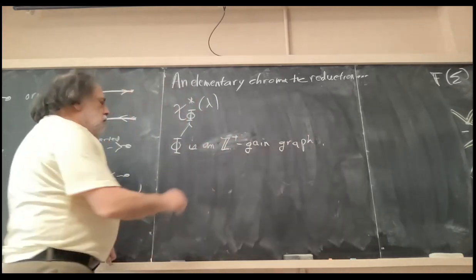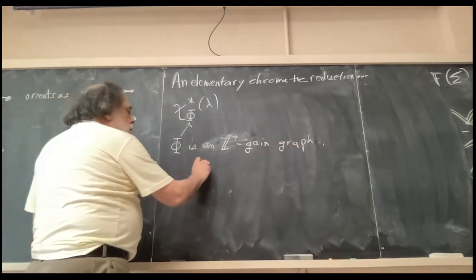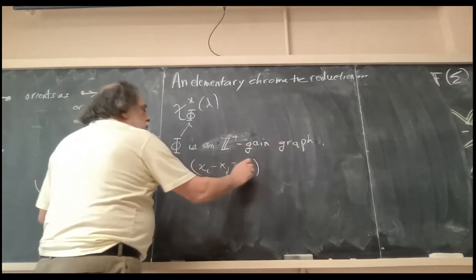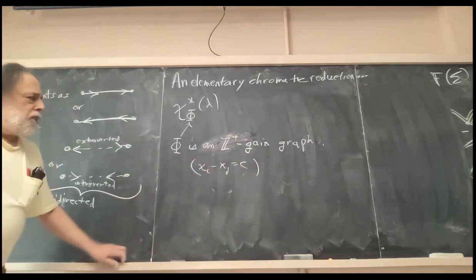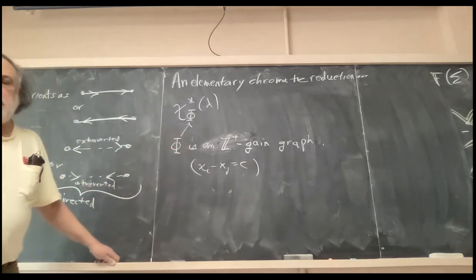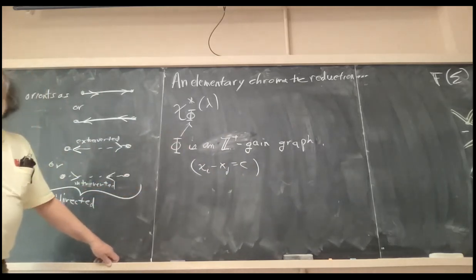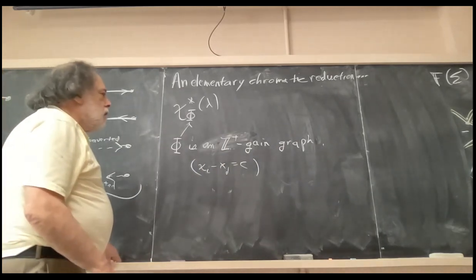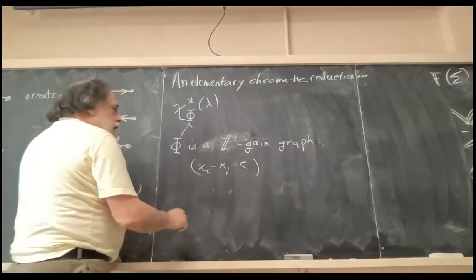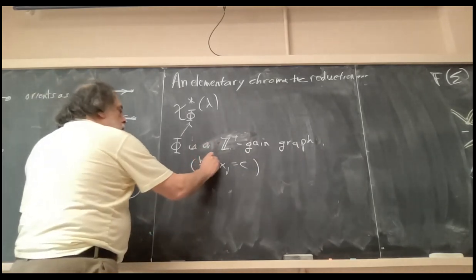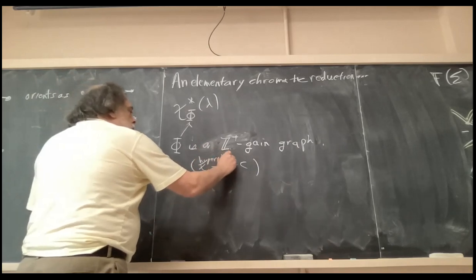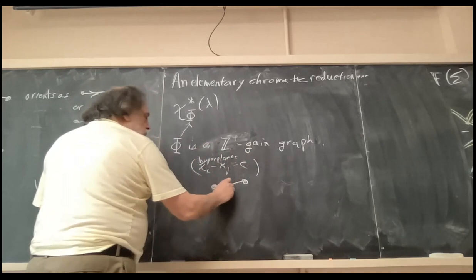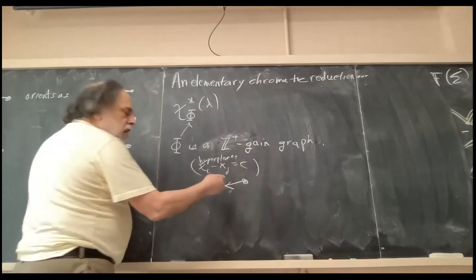So we are looking at a Z plus gain graph, which means we have hyperplanes of the form xi minus xj equals c. So they're all of this form. The c can be a variable. I mean, it could take many values, but they're all finite sets of hyperplanes. Now, this corresponds to an edge, which, no, we're not doing signs.